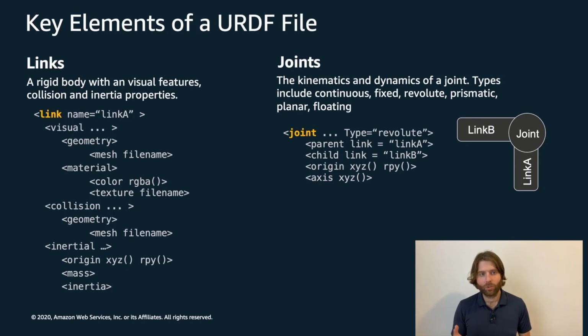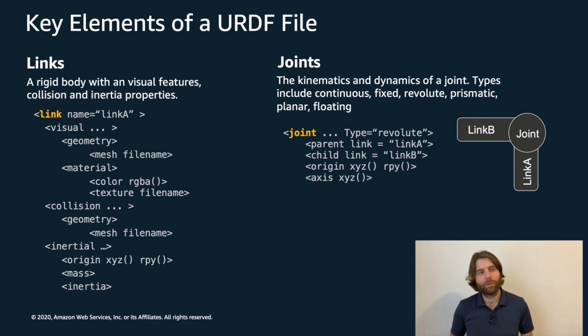Then you have fixed joints, which are unmovable joints, and revolute joints, which are hinge joints that rotate along the axis specified by the upper and lower limits. There are prismatic joints, which are sliding joints along the axis. You have planar joints, which allow motion in the plane that's perpendicular to the axis. And then finally, you have a floating joint, which will move in all 6 degrees of freedom.